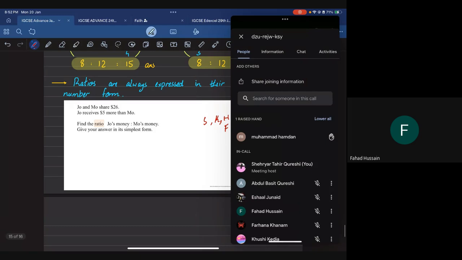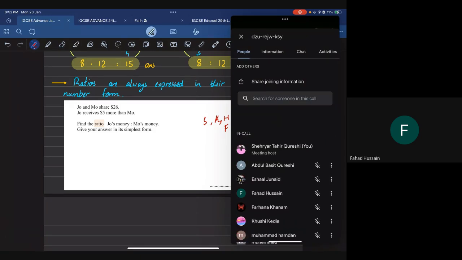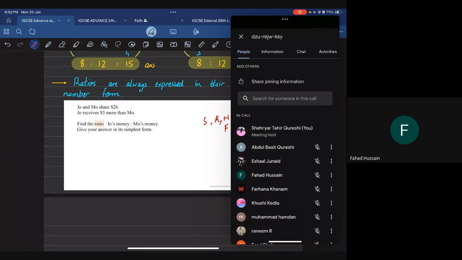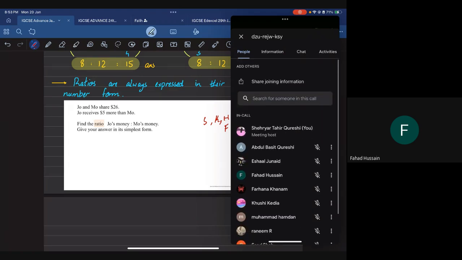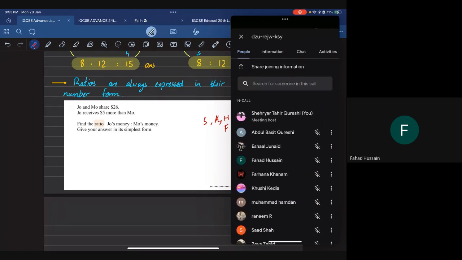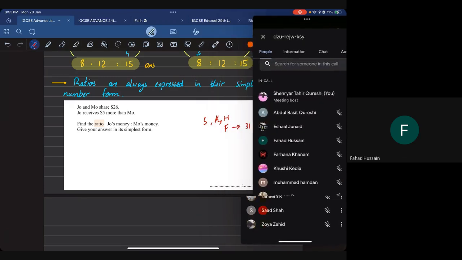What about the rest? Basit, if you're not agreeing with Fahad, that could mean two things. Either you have beef with him or you are getting a different answer. What could it be, Basit? Sir, I'm sorry. Okay, Basit has beef with it. All right. What about you, Ishad? Okay, Raneem.